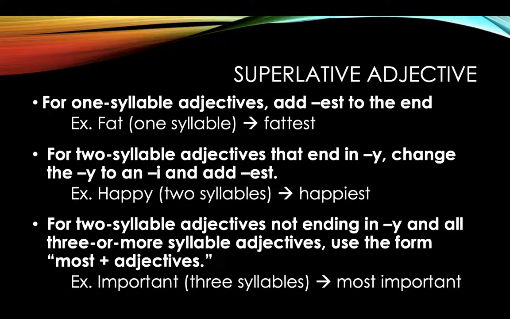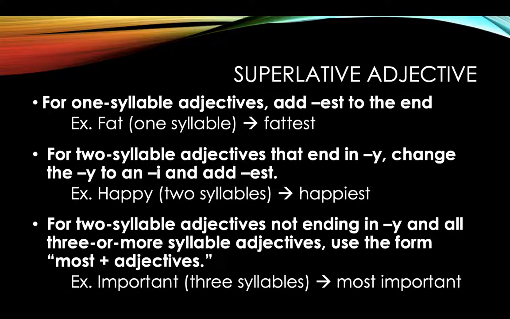So just like comparatives, there's very similar rules to superlative, okay? So for one syllable adjectives, add EST to the end. So fat, which we already know is one syllable, becomes fattest. FATTEST. Okay. For two syllable adjectives that end in Y, change the Y to an I and add EST. So example, happy becomes happiest, HAPPIEST.